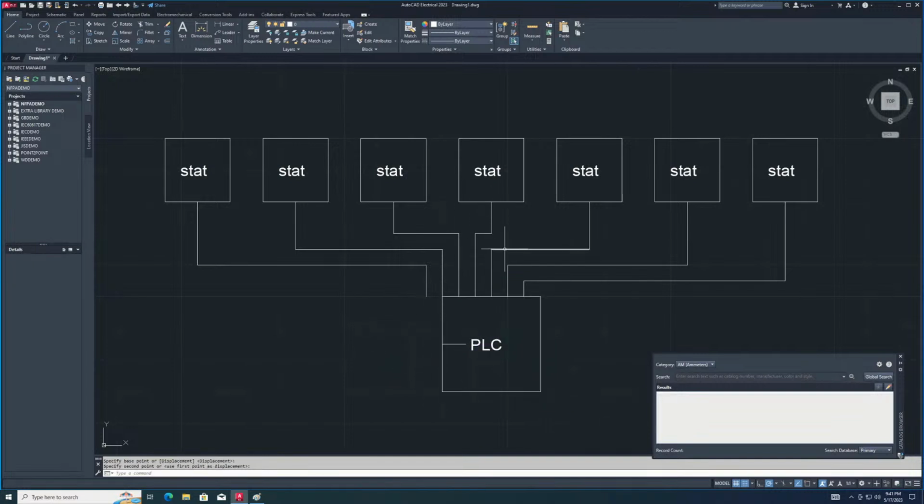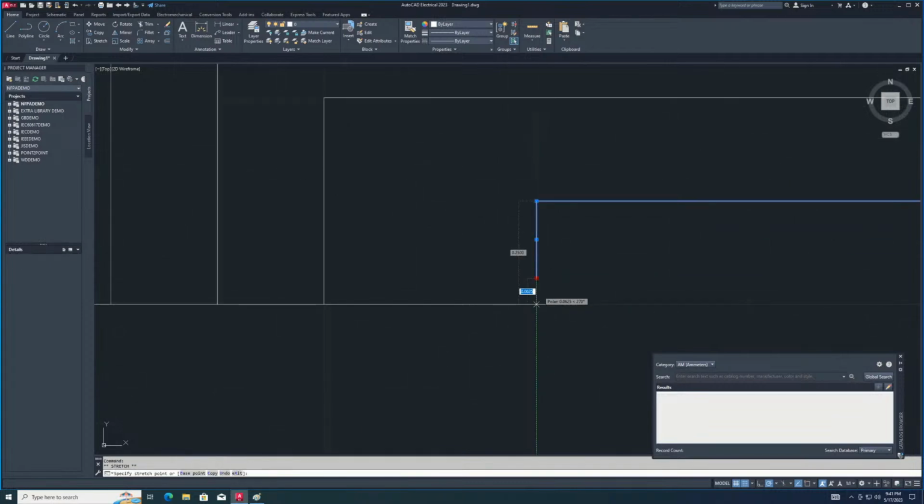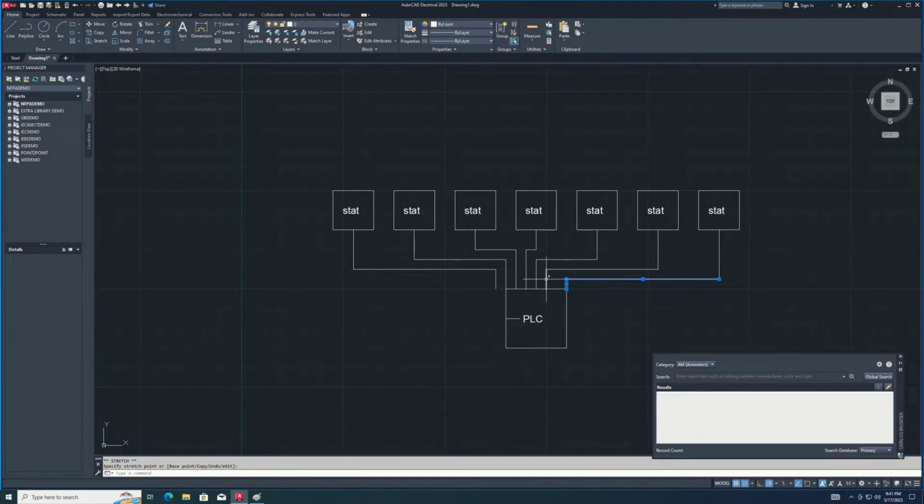That a little bit. You really gotta be careful with these lines, because if you overlap them, they're always a pain.